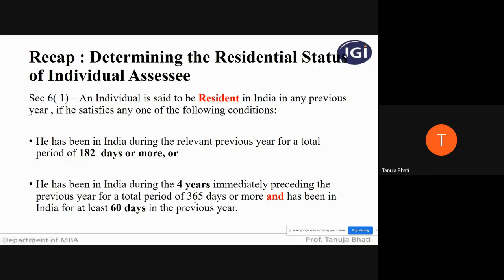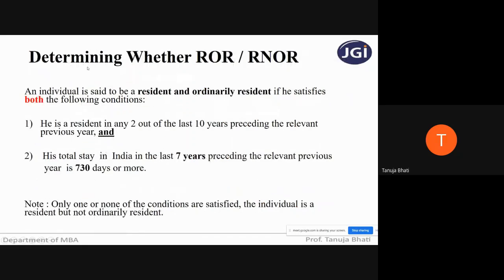Suppose he does not fulfill either of these two conditions, then please do not go to the additional conditions. You check the additional conditions only when his status is a resident. These are the two additional conditions.